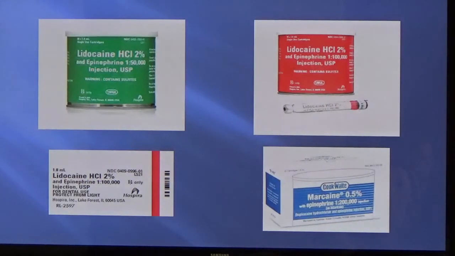Epinephrine 1 to 100,000 is the red. This is the one that we use again, and you'll see on the carpule it'll have a red band on it. A 1 to 50,000 epinephrine will have a green band. These will have a red band. These will have a blue band. So again, they're color-coded. You just have to know what you're loading.